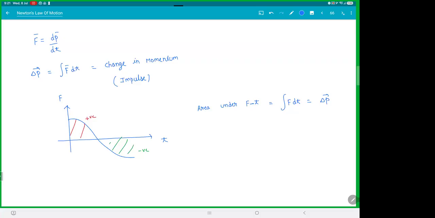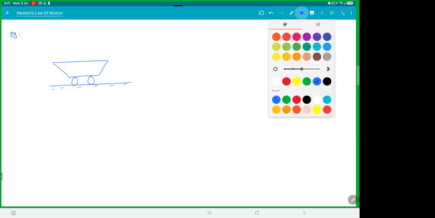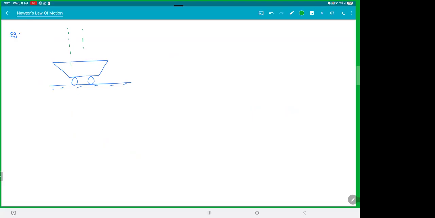Now, let me show you an example. Let's say we have a trolley. The railway compartment, it's a trolley. It started raining. And because of this, the rainwater is getting collected at a rate of 10 kgs per second. So every second, 10 kgs of rainwater is getting collected.